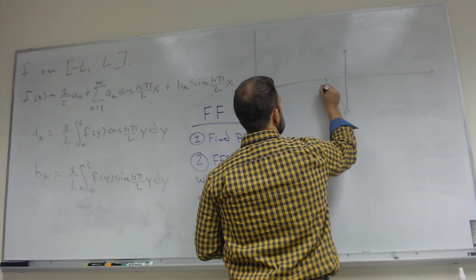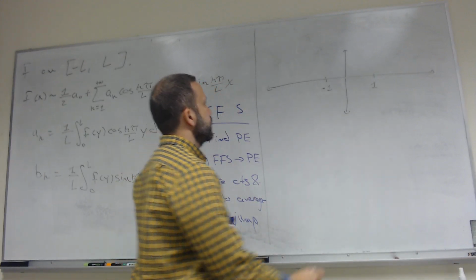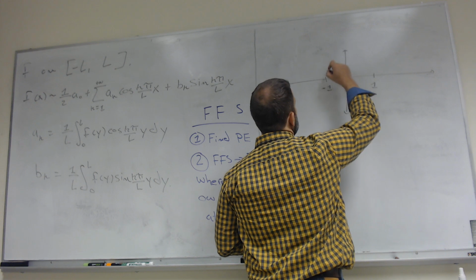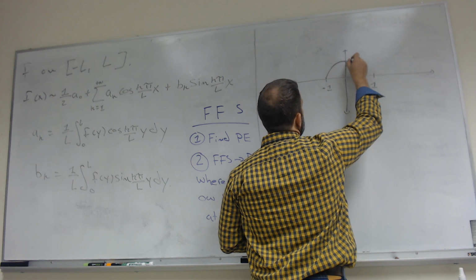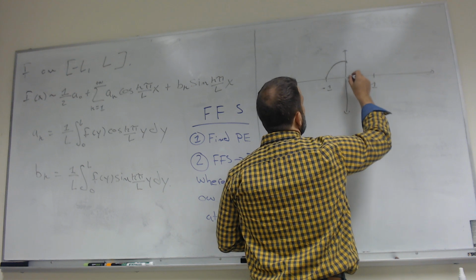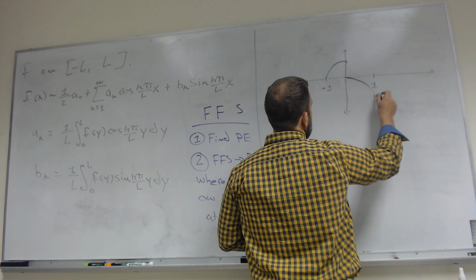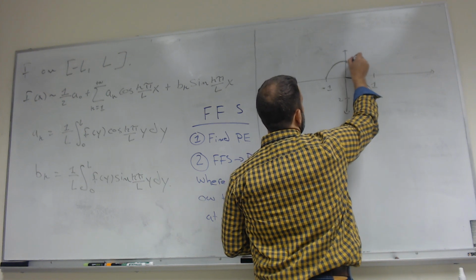So let's say I have a function going from minus 1 to 1. And let's say it's going to look something roughly like this. Make it even more complicated for me to try to figure out how to draw something like this. We'll say this is 2 and this is 1.